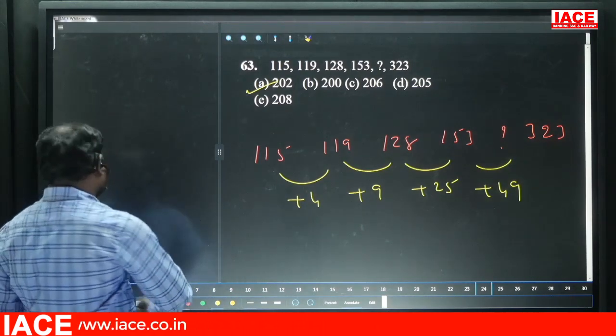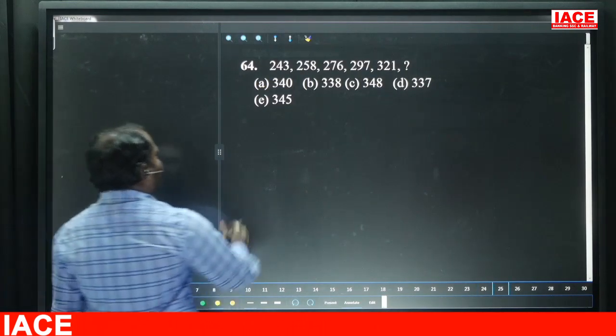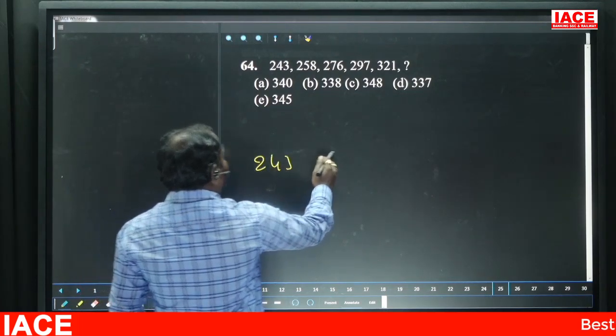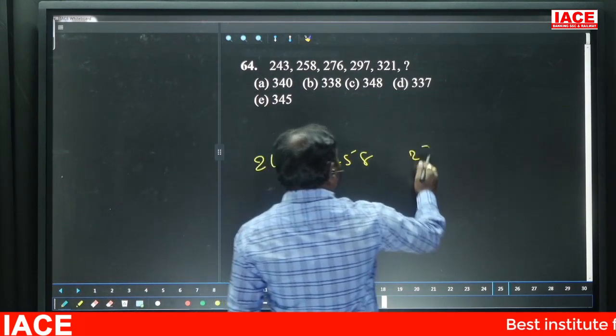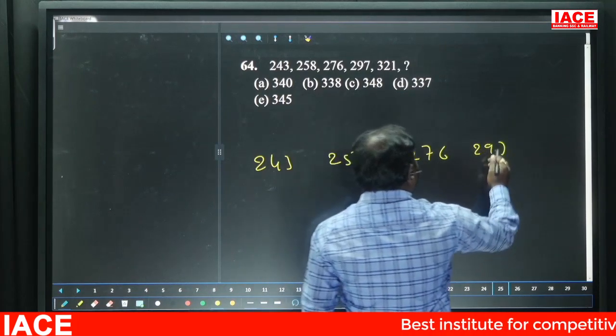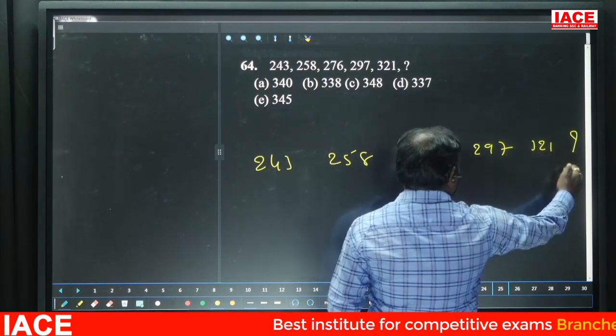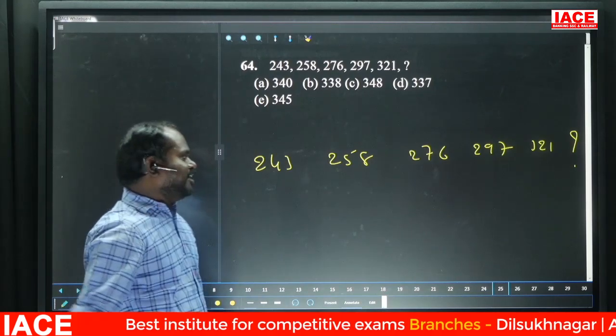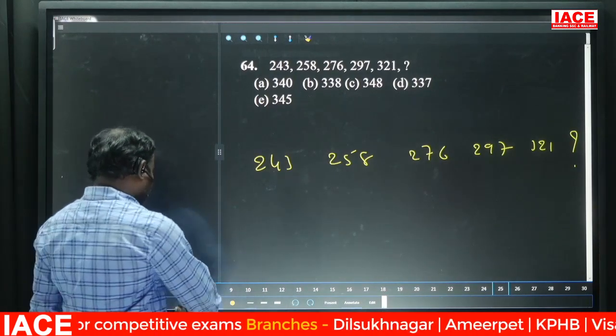Next. 243, 258, 276, 297, 321. All the numbers are nearby each other. See the difference.